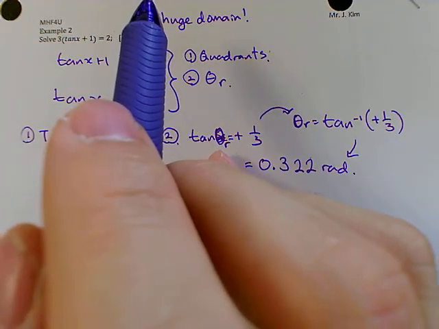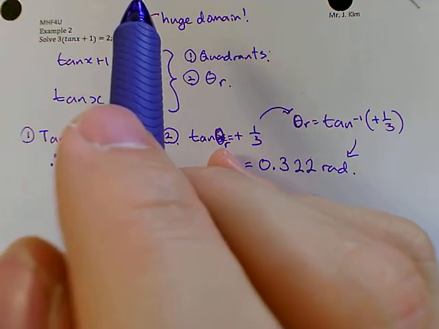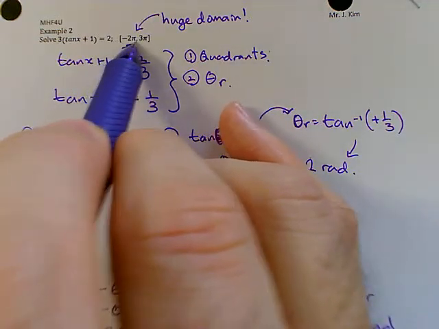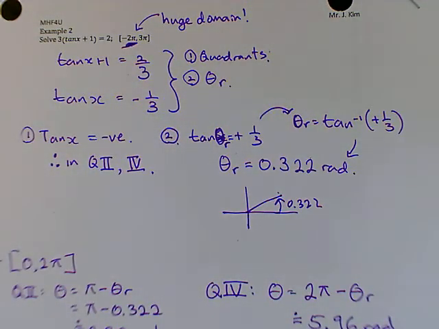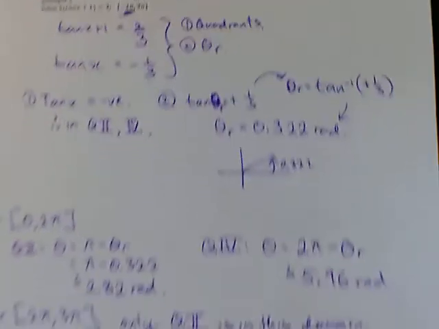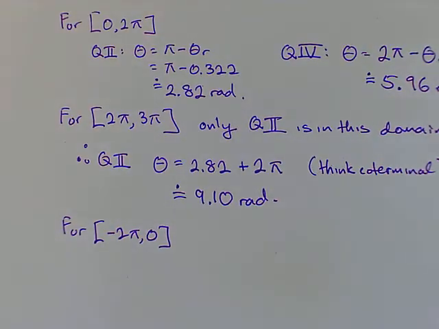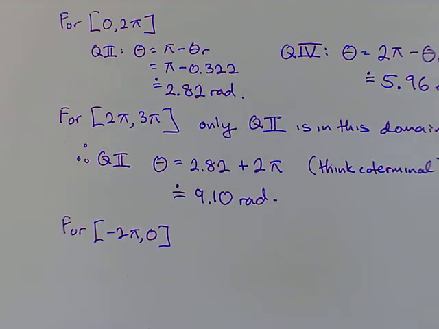I'm going to put this on silent. Okay, right? The domain specifies that I'm going backwards in rotation to another negative 2 pi. So if I'm going from negative 2 pi to 0, what quadrants would that include? And then find the angles for that. How you do it is up to you.